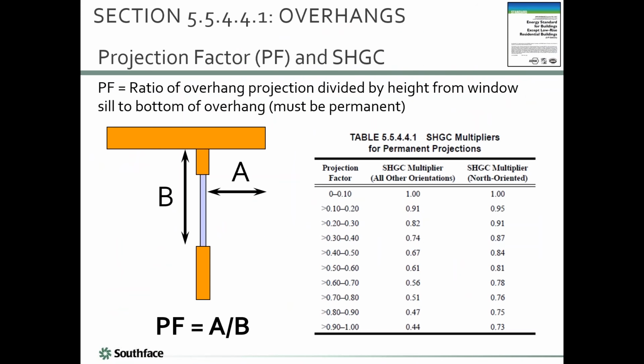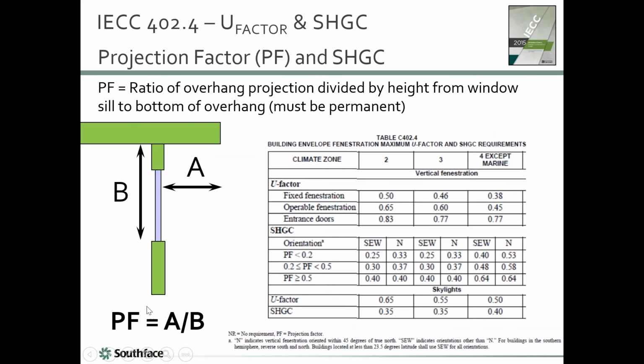And in terms of overhangs, ASHRAE has much more credit for overhangs, projection factor, which is distance of the overhang divided by distance to the bottom of the glass. Whereas the other code pretty much just said, here's your U factor. It's simpler, I will grant you, but it doesn't give you as much design flexibility. Here's your U factor you have to beat, and here's your solar heat gain depending on your orientation.